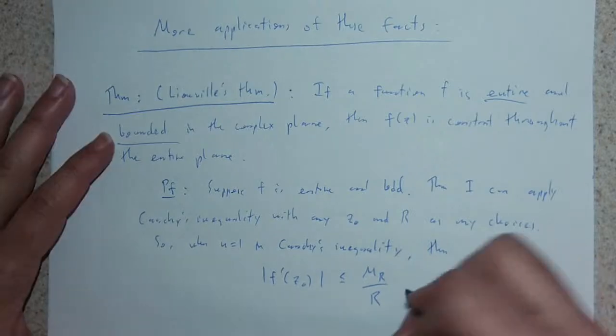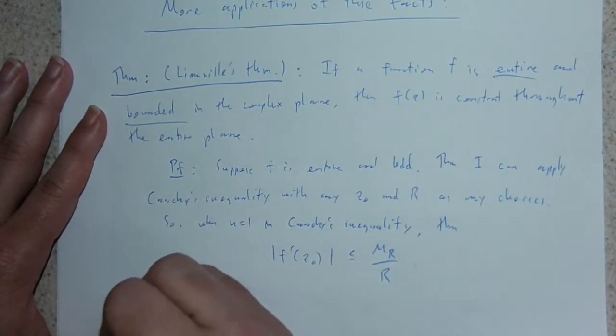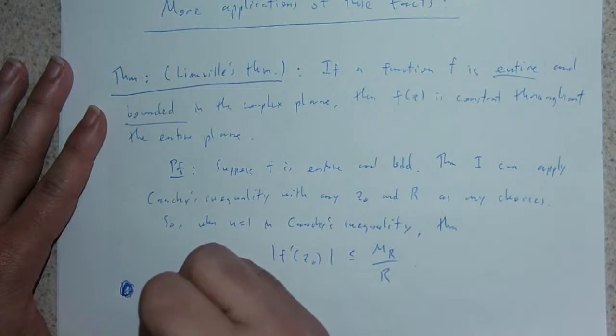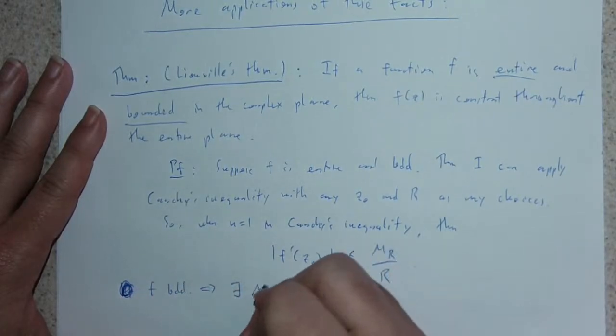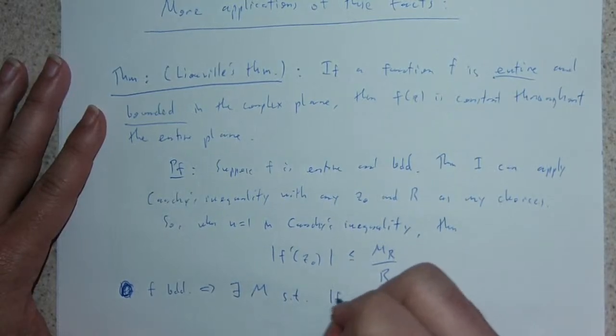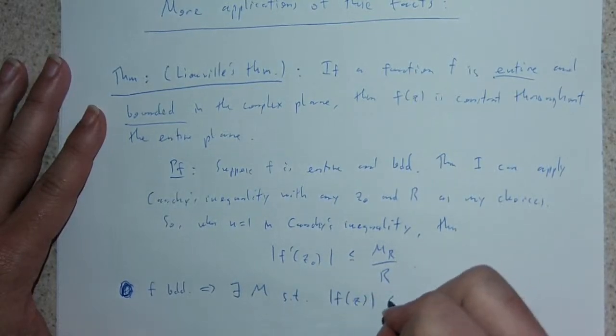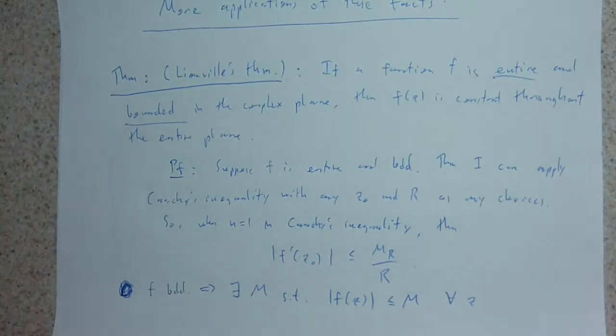Now, f bounded implies there exists big M such that the modulus of f of z is less than or equal to big M for all z in the entire complex plane.